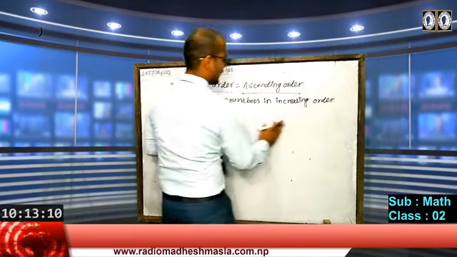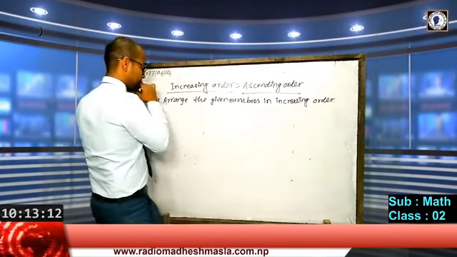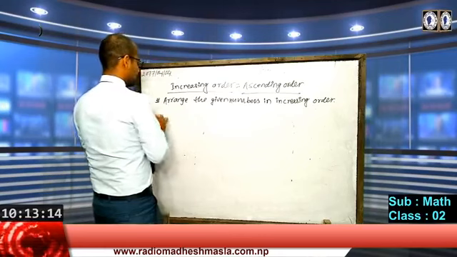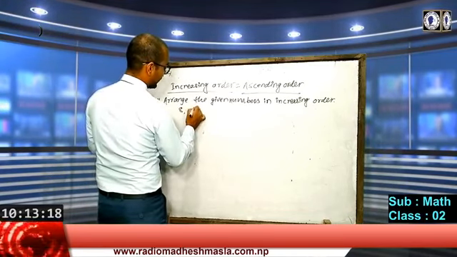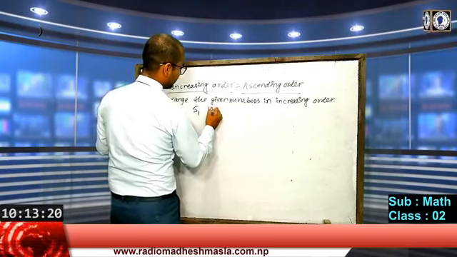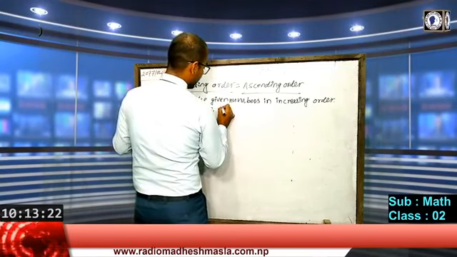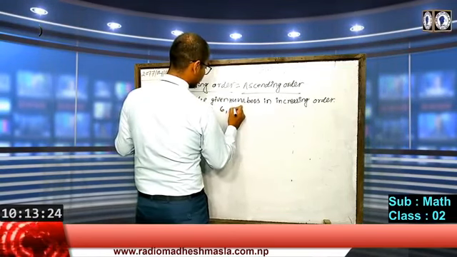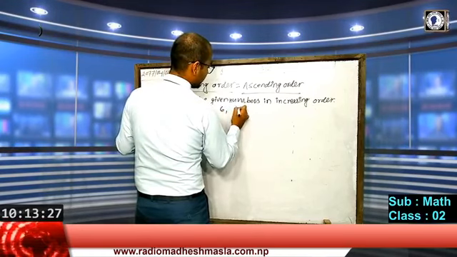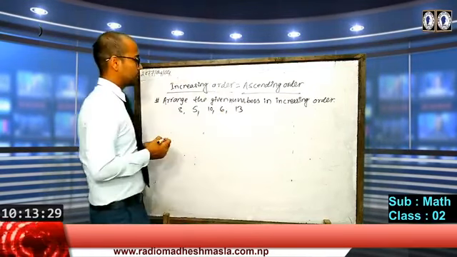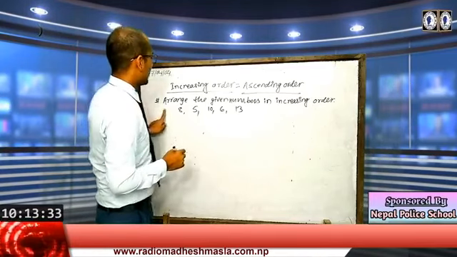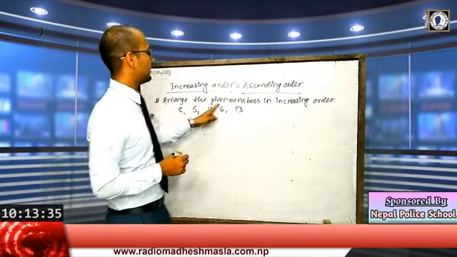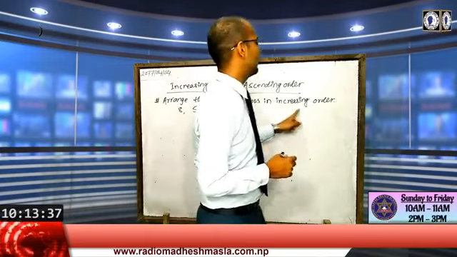And we have given the numbers like this: 8, 5, 10, 6, 13. So students, here look, we have the question: arrange the given numbers in increasing order.